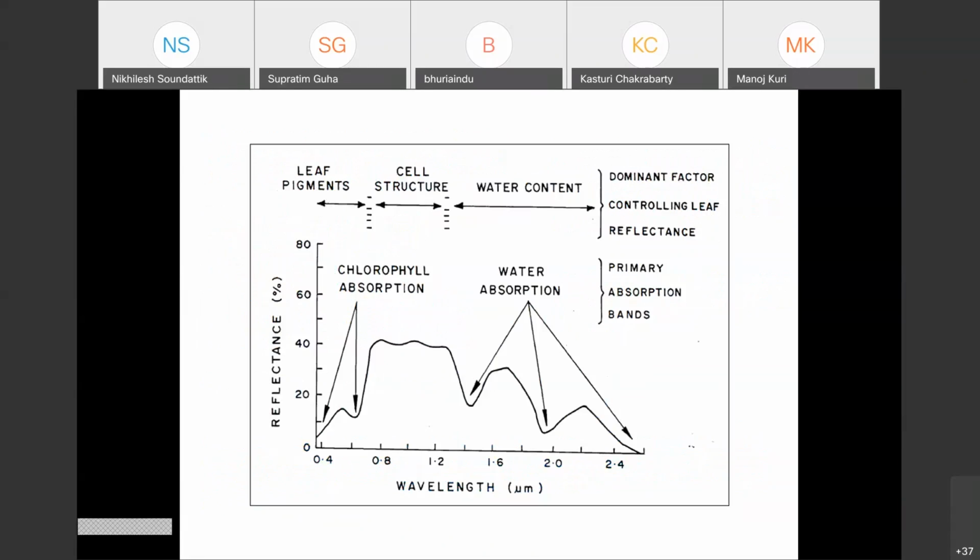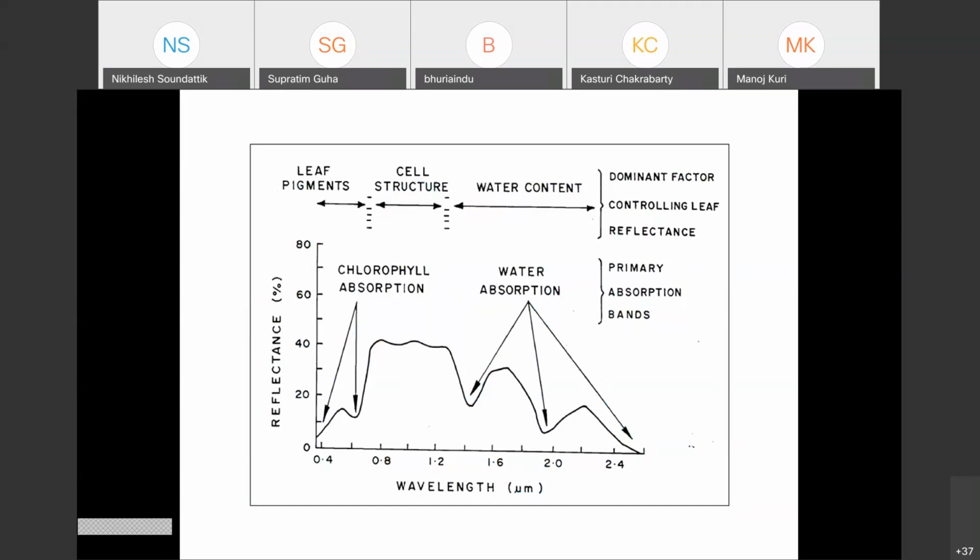So as I have just mentioned, the spectral characteristics vary between the optical region and the microwave region. This graph is a popular graph always presented to understand the spectral characteristics of vegetation, how vegetation behaves in the optical region.